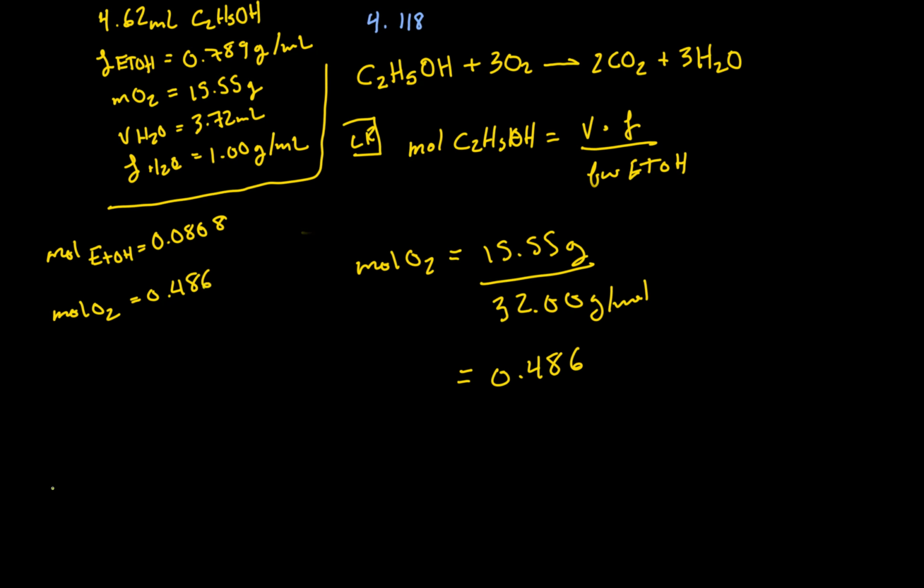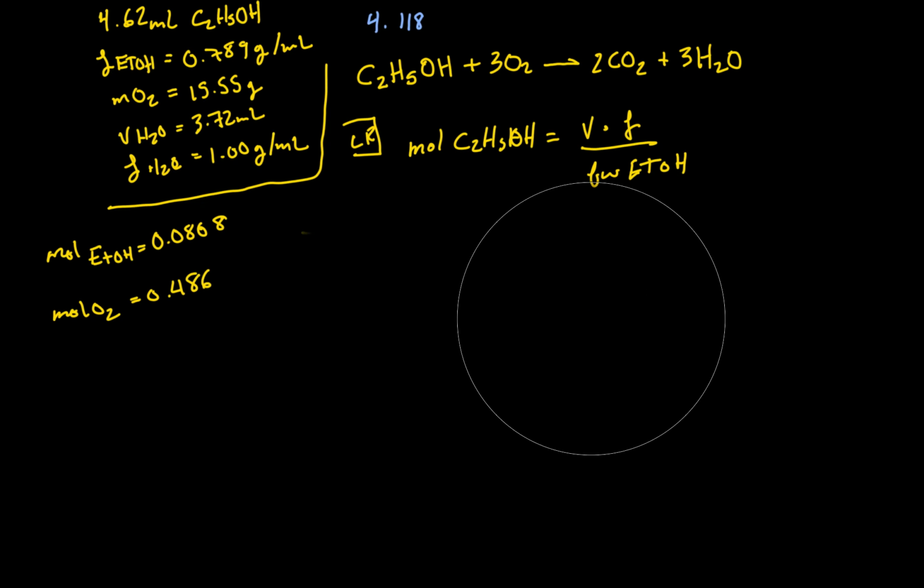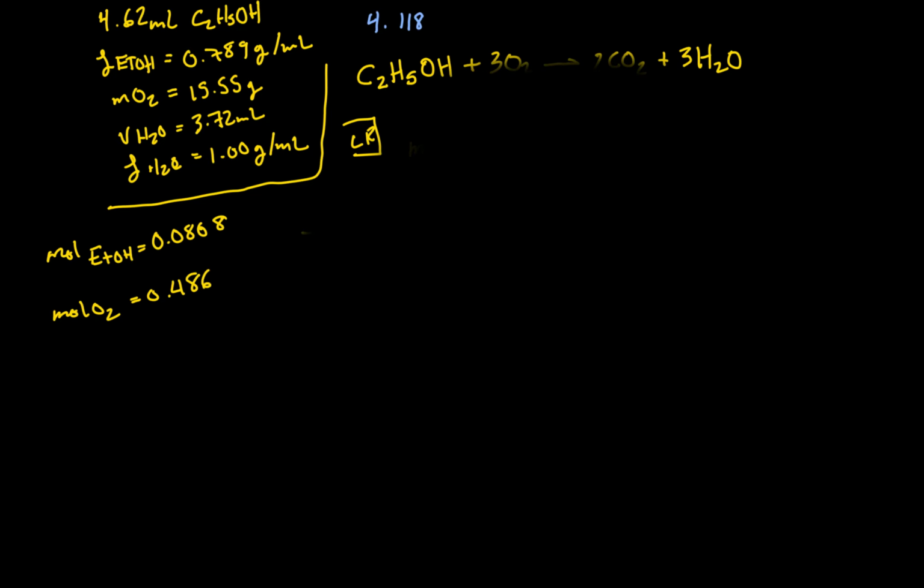So we have a 3 to 1 stoichiometric ratio between the moles of oxygen and the moles of ethanol. We're going to have to account for that. So we're asking whether this is greater or lesser or equal to the moles of oxygen divided by 3, because of 3 oxygens.